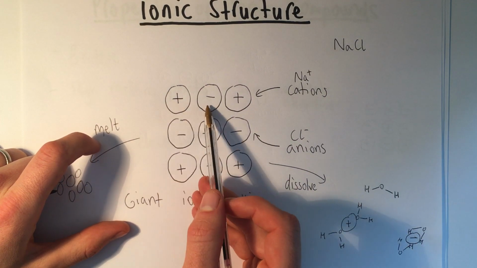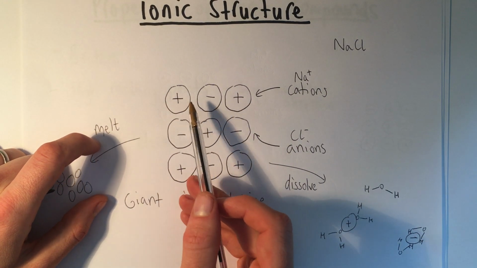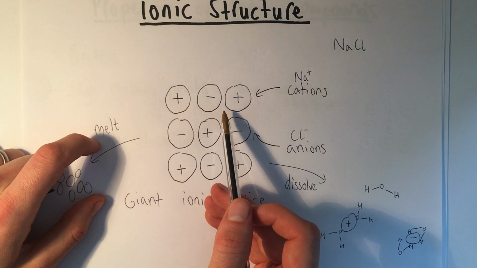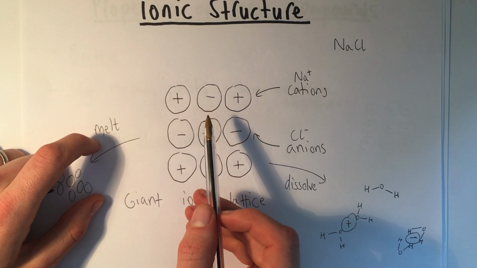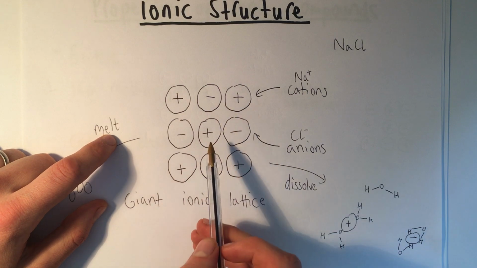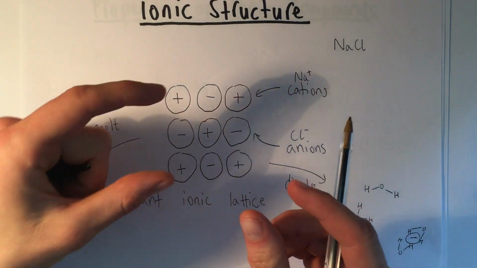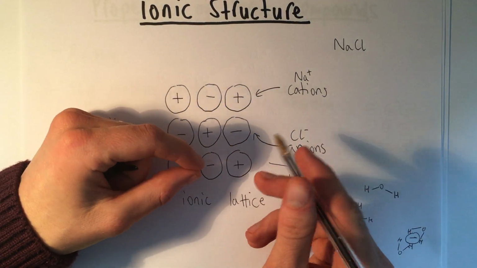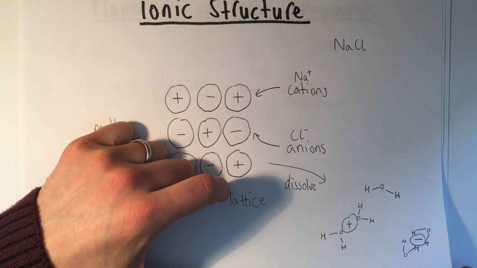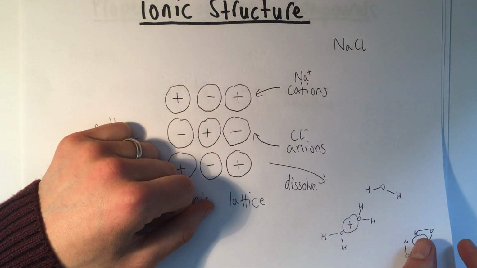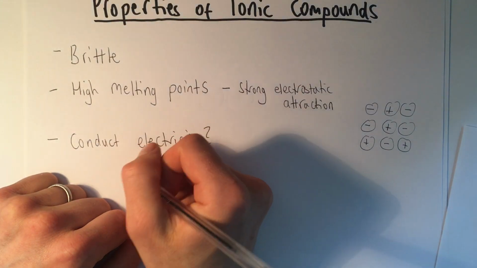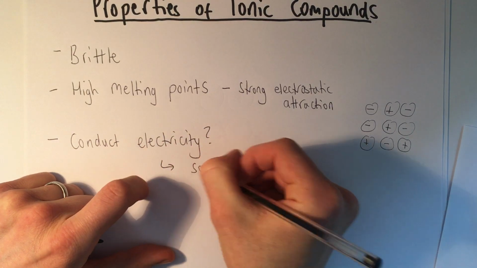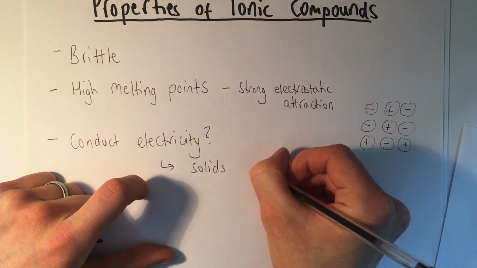It's got these cations and anions, but they are not free to move. So therefore, ionic compounds do not conduct electricity when they're solid. If I had a big crystal of sodium chloride, I wouldn't be able to hook it up to an electrical circuit and get it to conduct electricity. So, as solids, no.